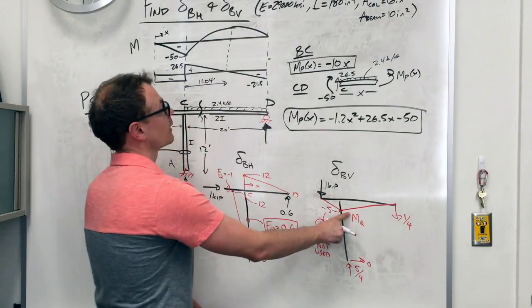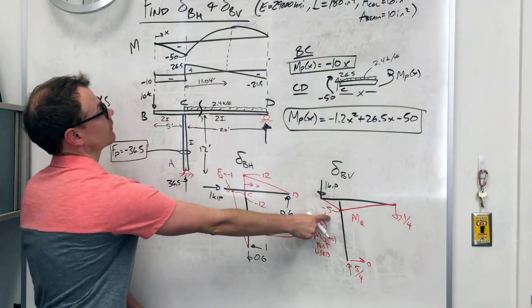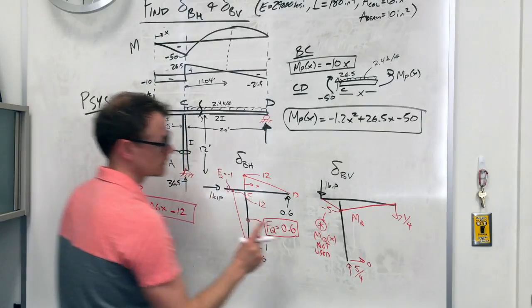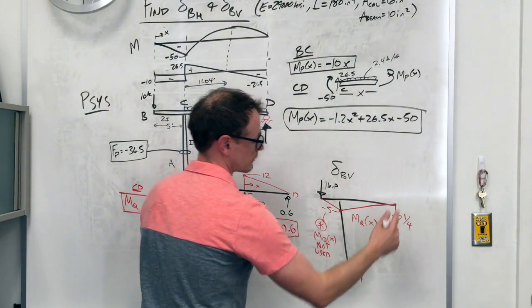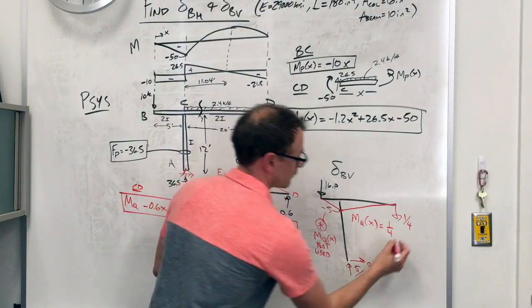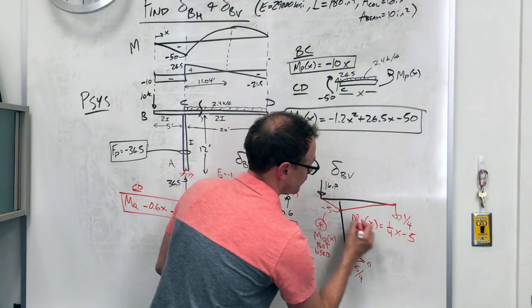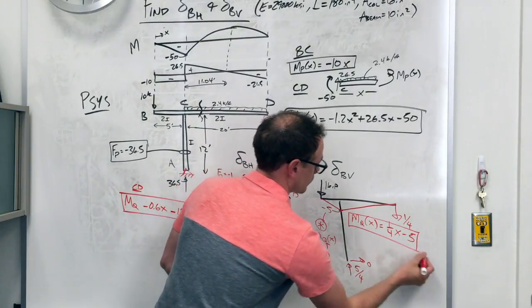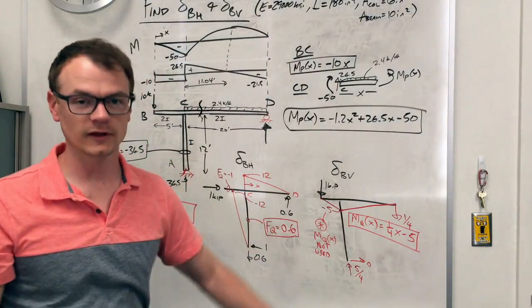Now here I can't really rely on the tables because I got some weird shape here, but here I can use the table because I have triangle and triangle, so that one's easy to do. This one, the slope is positive 1/4, so 1/4 x, and the y-intercept is -5. So there's that one.